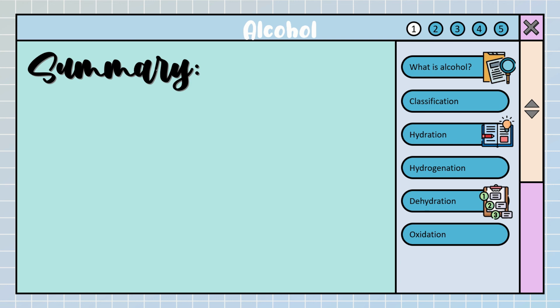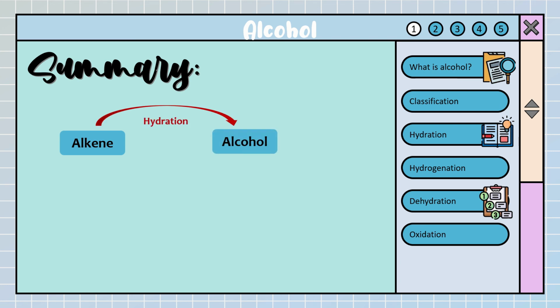As a summary for the chemical reactions of alcohol, the synthesis of alcohol could be based on alkene, in which the alkene will become an alcohol, and that is what we call hydration. The reverse process, an alcohol converting to alkene, is dehydration.